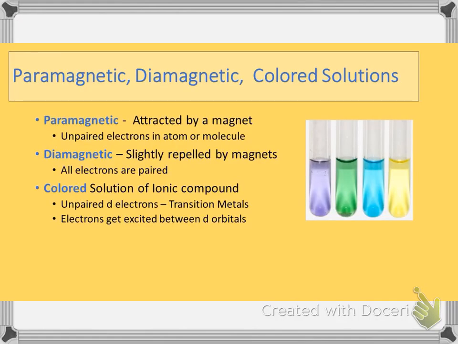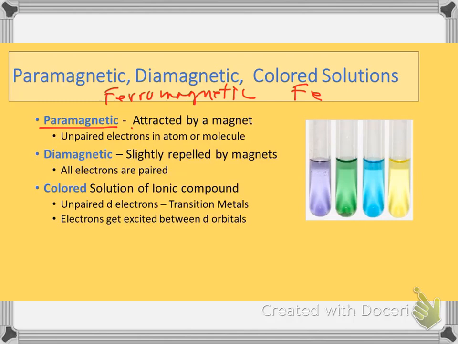Alright, so we're going to talk about 2 terms in a situation. One is paramagnetic and diamagnetic. So these have magnetic in the term, but they're not the same as ferromagnetic, which is what iron is, which is the most magnetic, very strongly attracted to a magnet. Okay, but a paramagnetic is attracted to a magnet, and what causes it to be attracted is the unpaired electrons in the atom or the molecule.